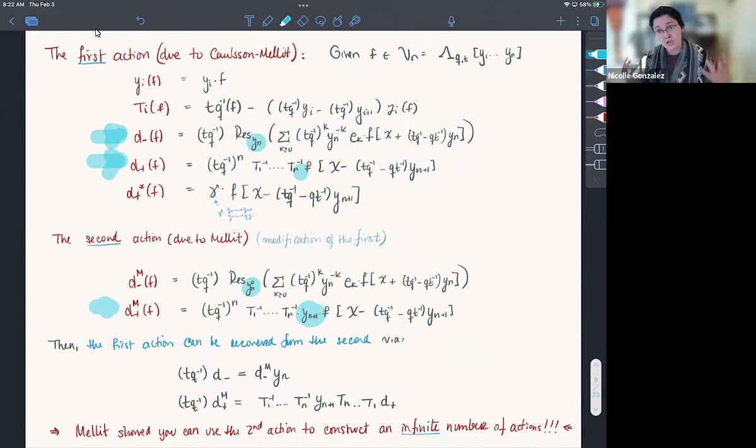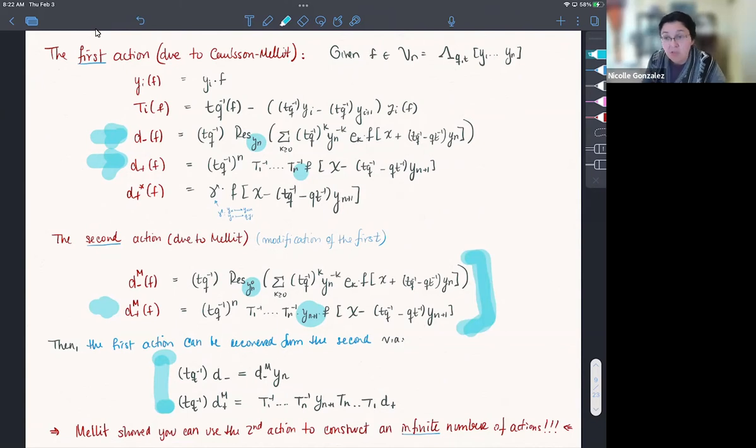And these modifications don't seem particularly enlightening if you haven't worked with this. But what's amazing about this is that this second modification allows you to recover the first action from the second one, right? Through essentially the following formulas. But more amazingly, you can actually use this second action to construct an infinite number of actions, right?